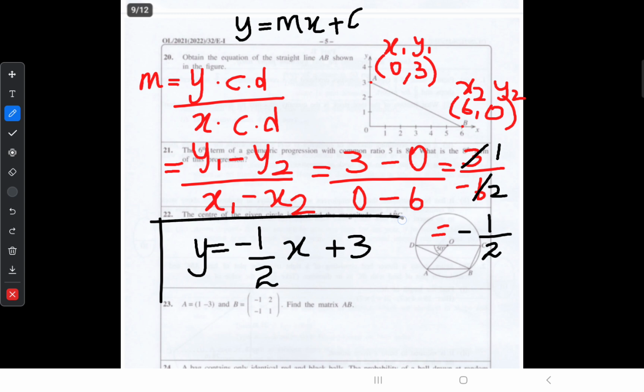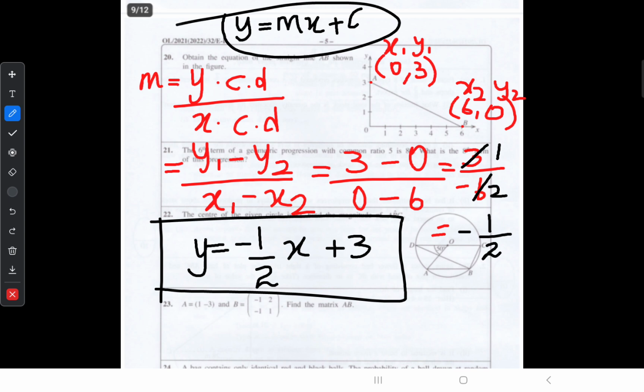So this is going to be the equation of this given straight line in this question. To find that is a very easy task: gradient and intercept. If you know both of them, you can substitute in the common formula y equals to mx plus c to get your answer.